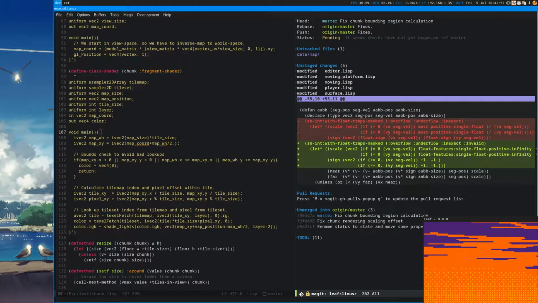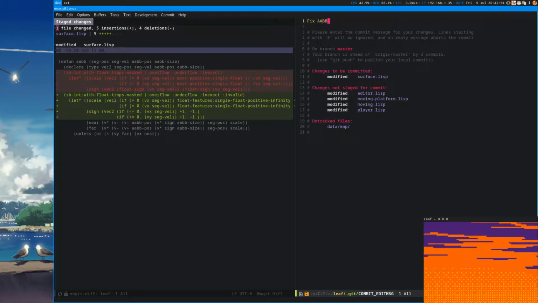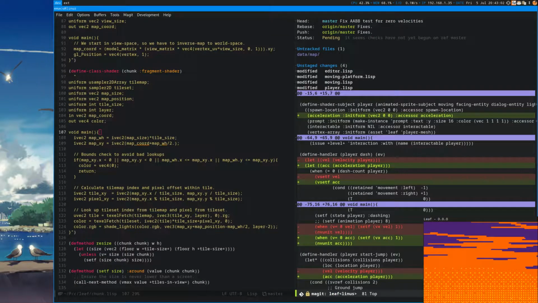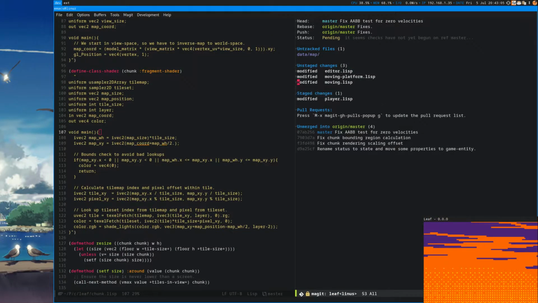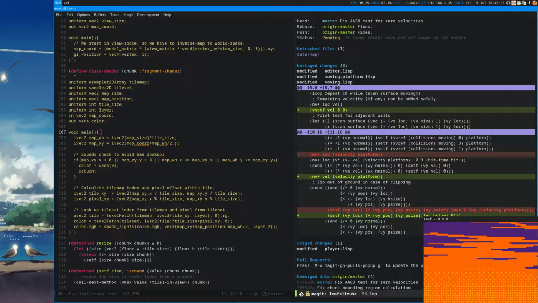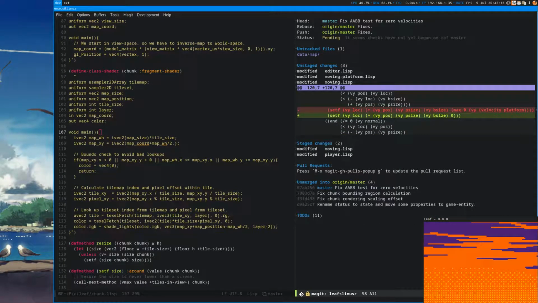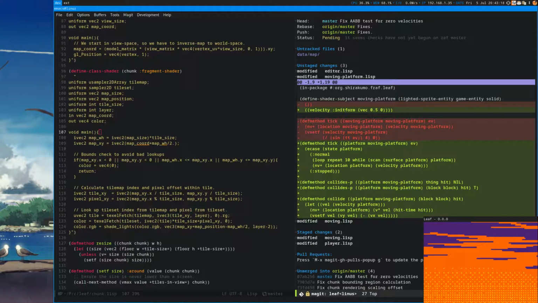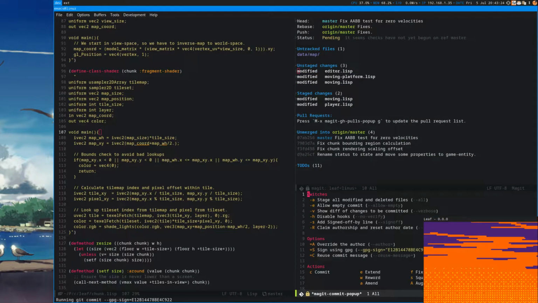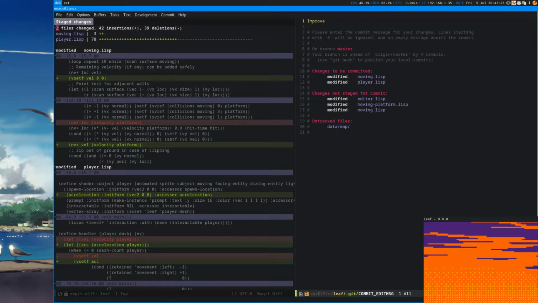Where was the fix a BB test for 0 velocities? Improve change.